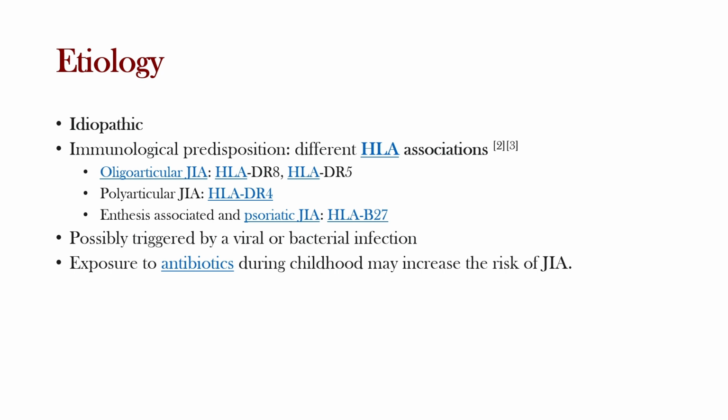For example, in oligoarticular JIA, HLA DR8 and DR5 are present. In polyarticular, HLA DR4, and in psoriatic juvenile idiopathic arthritis, we will have HLA B27. It's possibly triggered by viral or bacterial infections, and exposure to antibiotics during childhood may increase the risk of it.